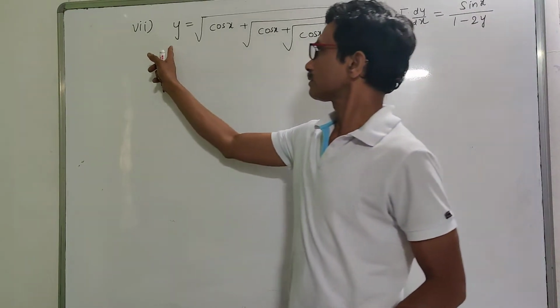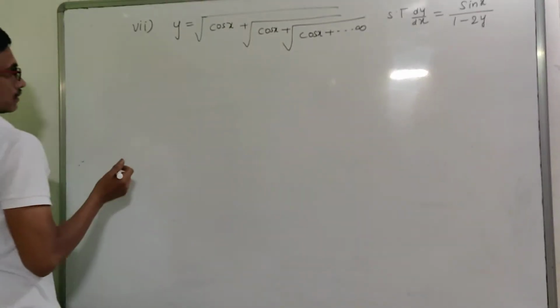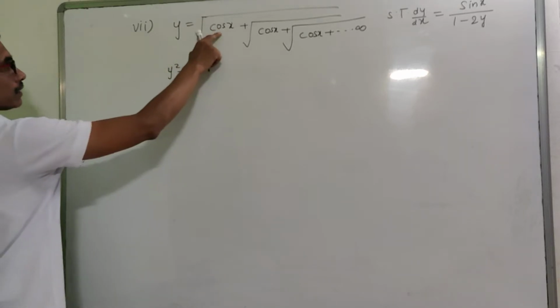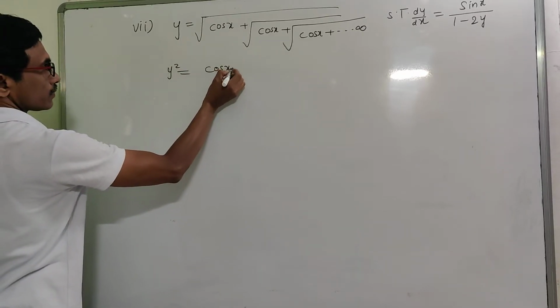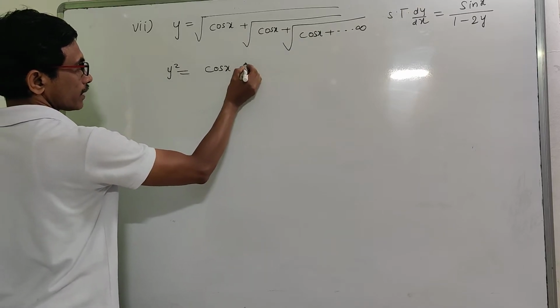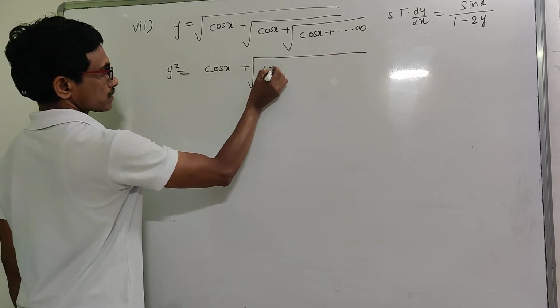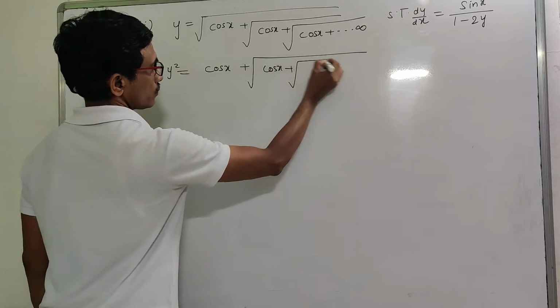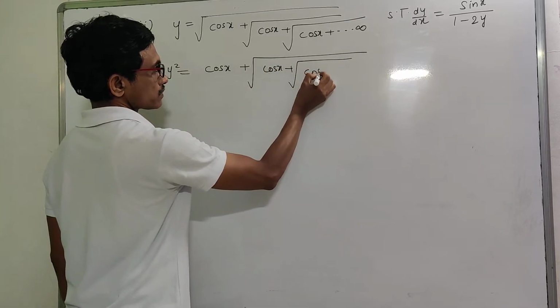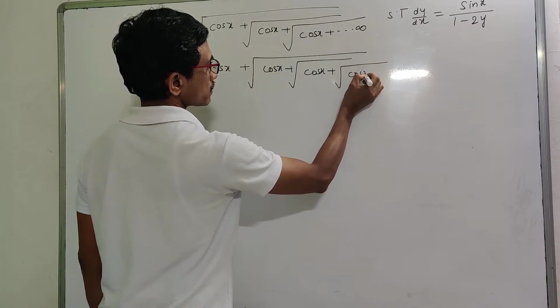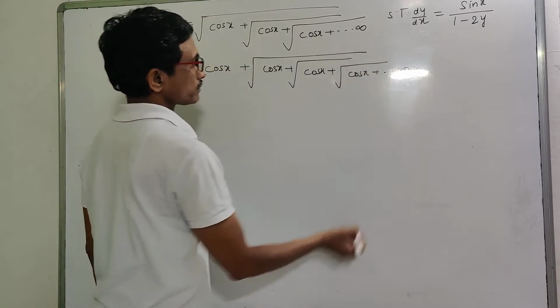Squaring both sides, we get y square is equal to cos x plus root of cos x plus root of cos x plus infinite times, since the remaining square roots and infinite terms will still be there.